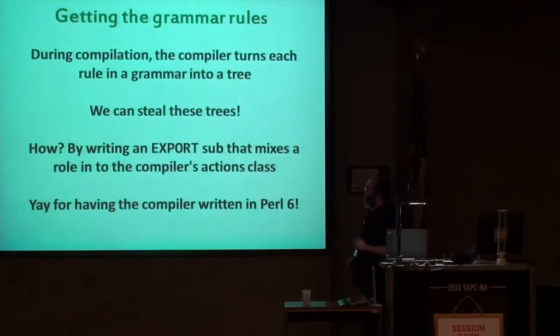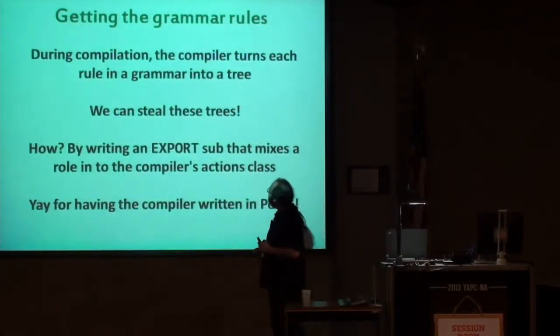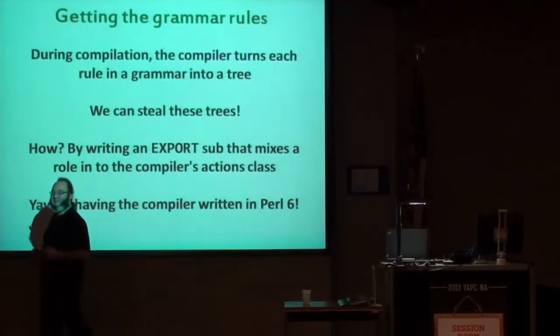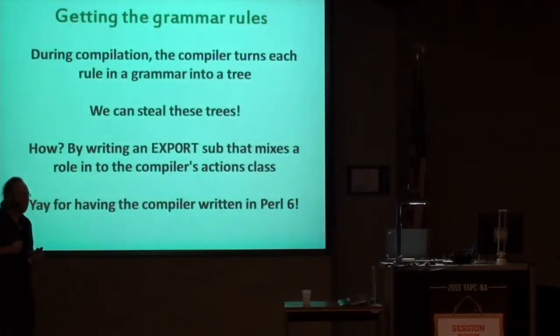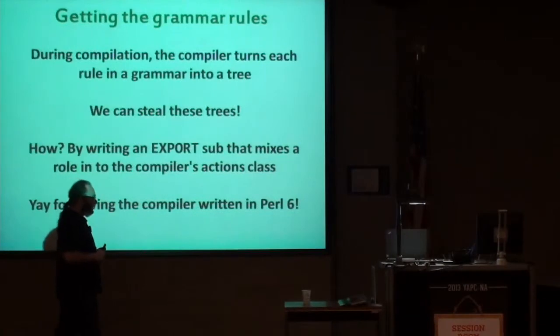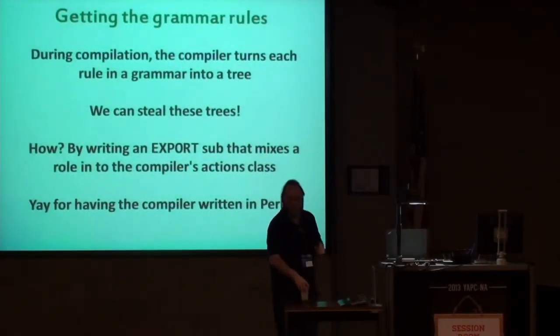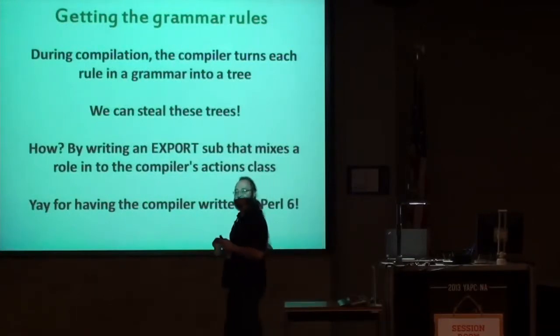So let's dig into the meat of the problem. What happens when you feed a Perl 6 compiler a grammar? Well, it parses it, using a grammar appropriately enough. And what it does is it turns it into an abstract syntax tree.